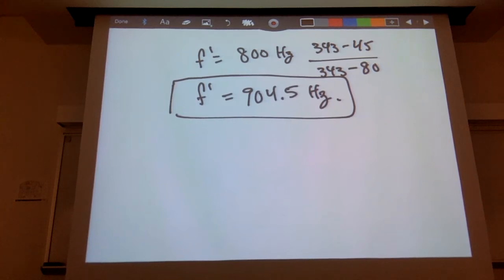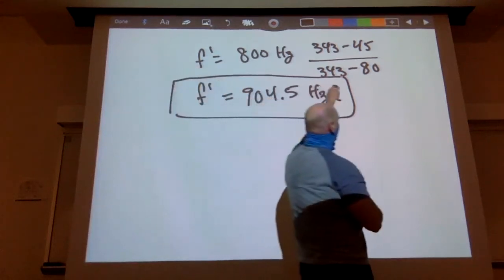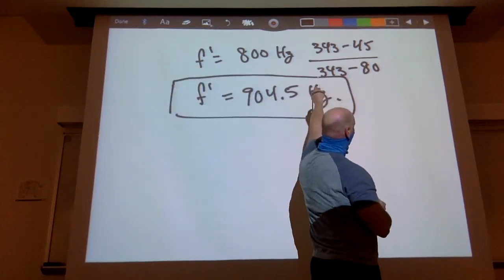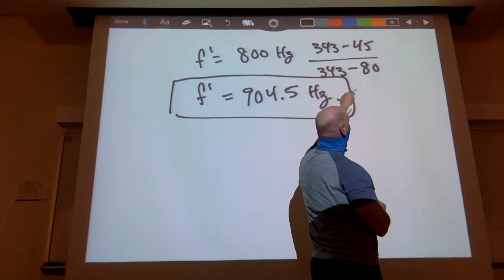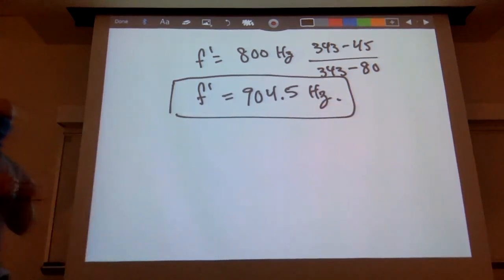I don't think so. And the reason for that is because here we're dealing with subtraction. So the ratio would change. If I tried to say he was 0 and he was 45, then that changes the ratio of 343 minus 45 divided by 343 minus 80. So that's now 343 divided by 343 minus 45, which is not the same ratio.